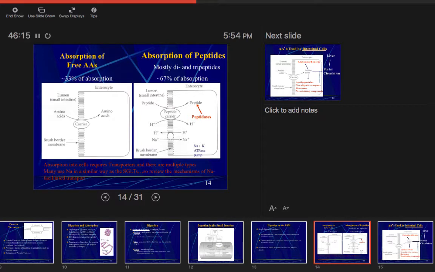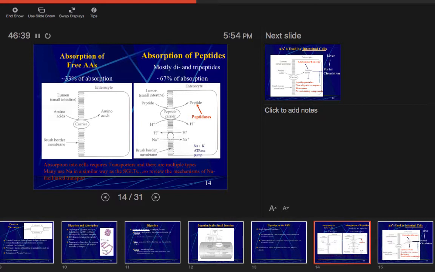33% of that protein is going to be absorbed as single amino acids. And there's lots of transporters. I'm not going to drive you nuts with all this. There's a lot of amino acid transporters that have slightly different characteristics. Absorption into cells requires transporters, and there are multiple types.